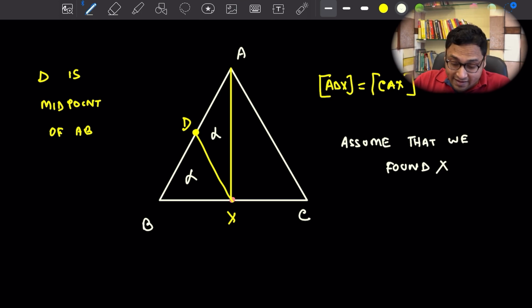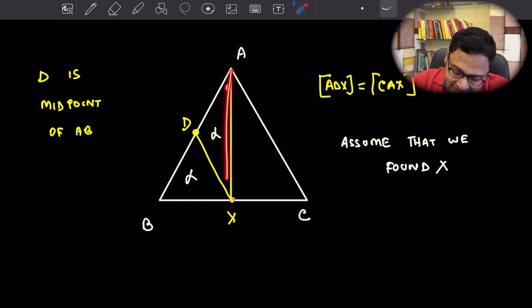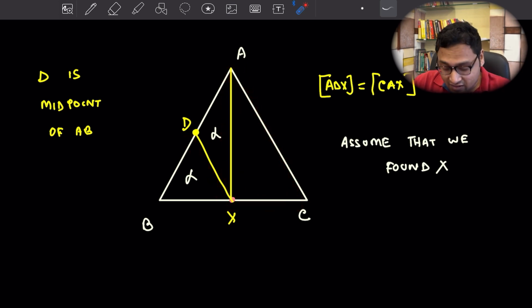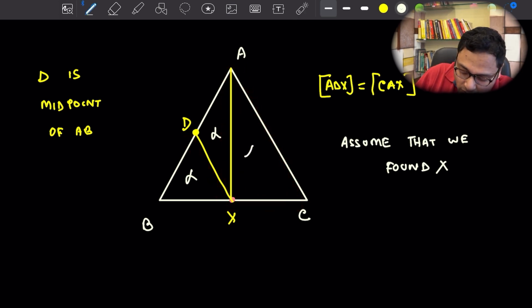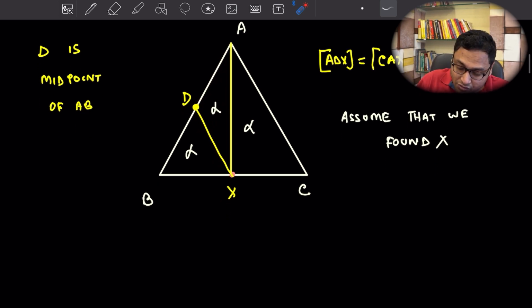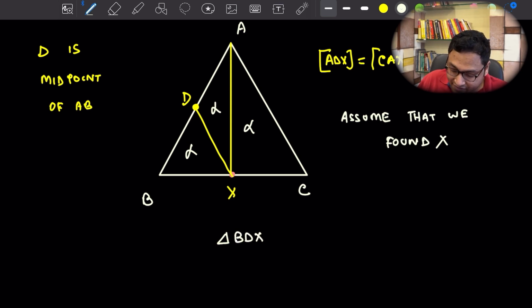So if we found X, then XAD and CAX are of equal area. So CAX is also alpha. Okay, that's great because XAD is alpha. That's what we started off with. So now, what is the ratio of areas of triangle BDX and triangle BAC?